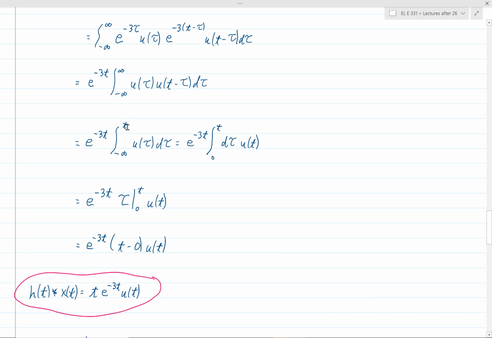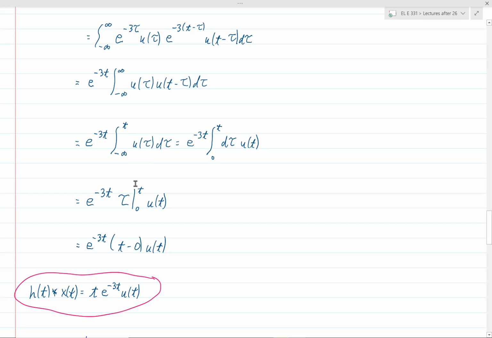But if t is a negative number, then tau will never get to be a positive number. So whatever we're going to get here had better be 0 whenever t is negative.